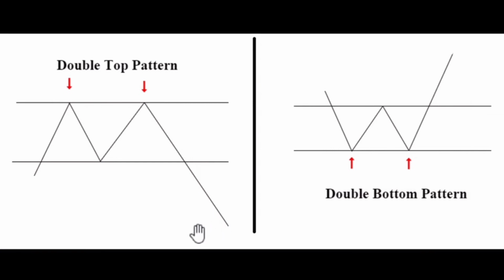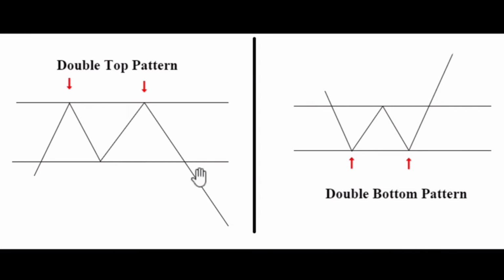This pattern indicates that the buyers are struggling to push the price higher, and the sellers are gaining control of the market. Traders often use the double top pattern to make sell orders, or let's say short orders, as it signals a potential market downtrend.